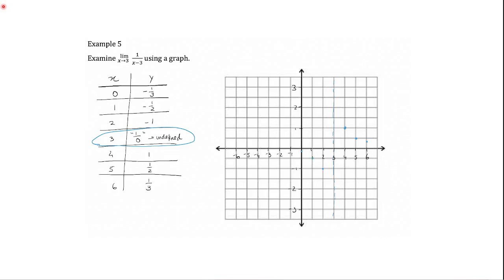Okay, so connecting these dots as well, we do see that we do have our asymptote right where we thought we would, right at x is equal to 3.